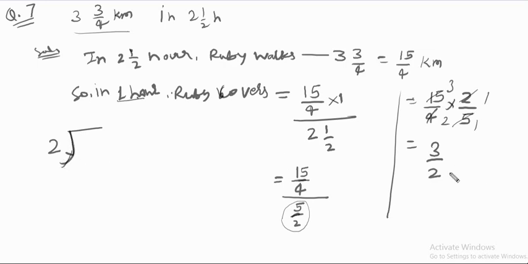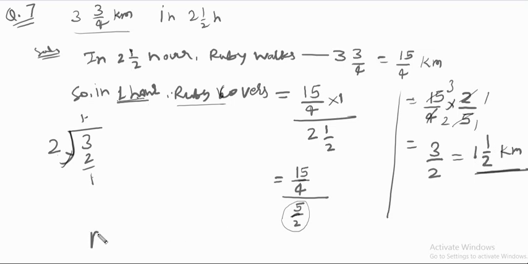If we want to write this answer as a mixed fraction, then 2 1s are 2, 1 remaining, meaning 1 1 upon 2 kilometers. Means Ruby covers in 1 hour 1 1 upon 2 kilometers.